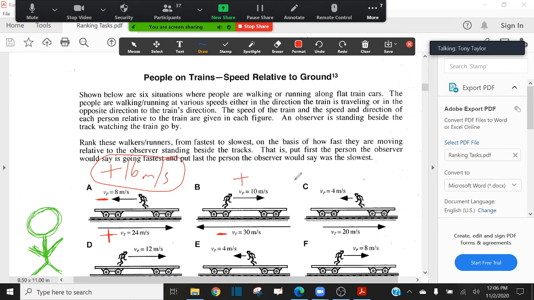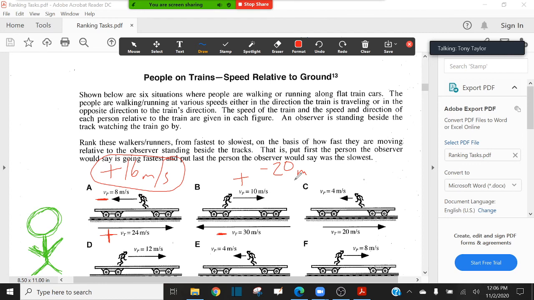Thank you, guys. It is negative 20 meters per second. So from the point of view of the person in green, this person is moving toward the west. That's what the negative means. The positive means they're moving toward the east.